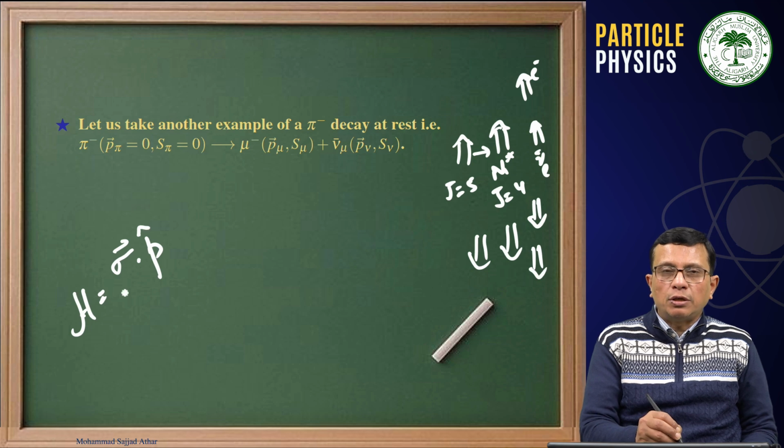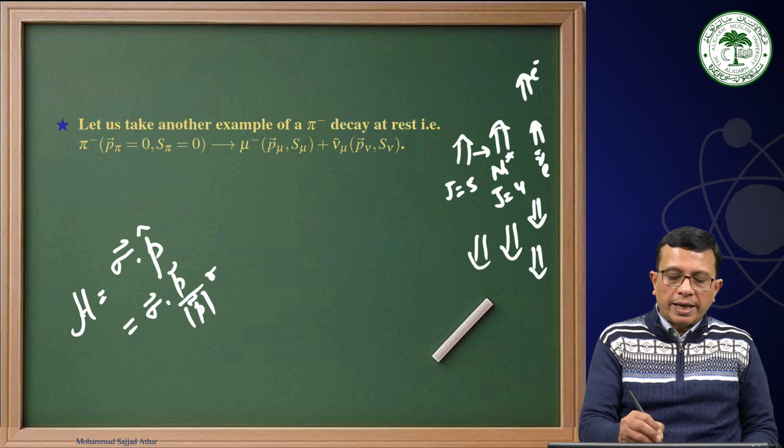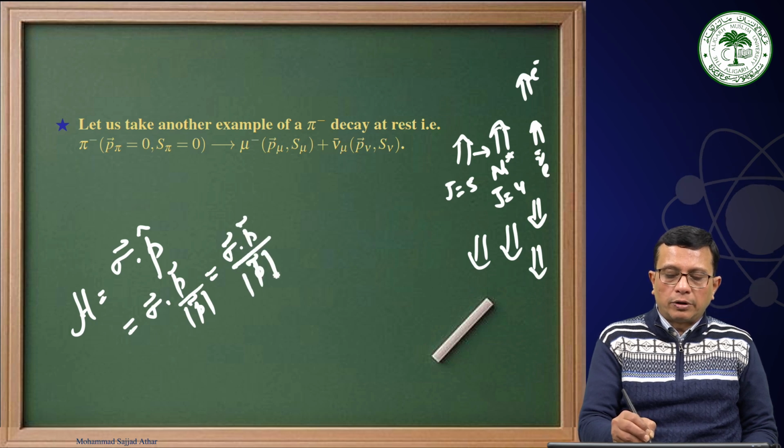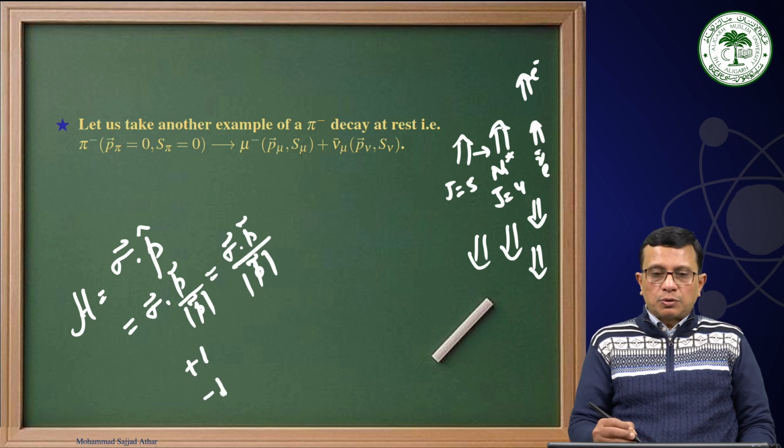This is a unit vector, therefore I can write it simply as sigma dot P upon mod P. Now, this can have a plus 1 value, or it can have a minus 1 value.